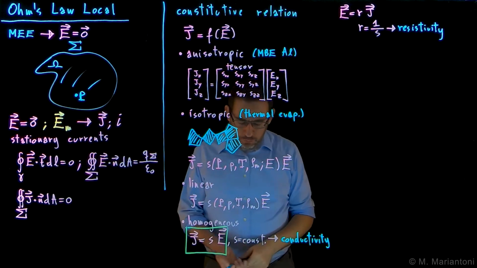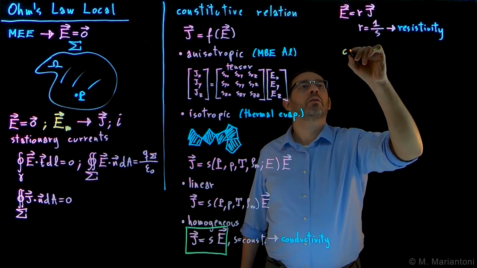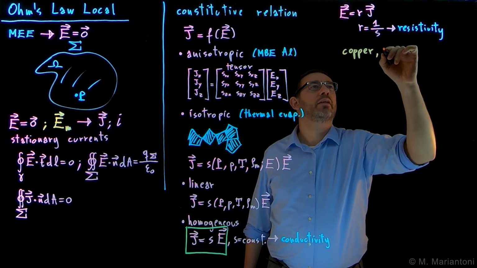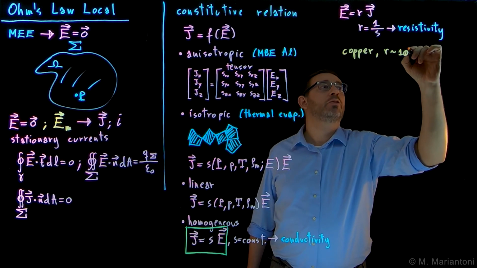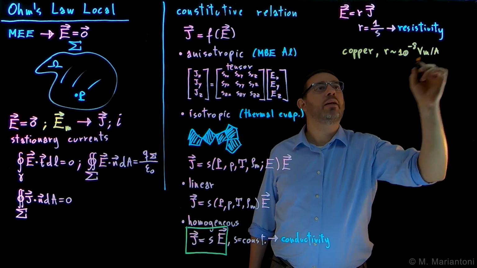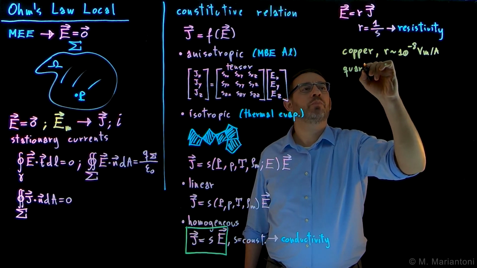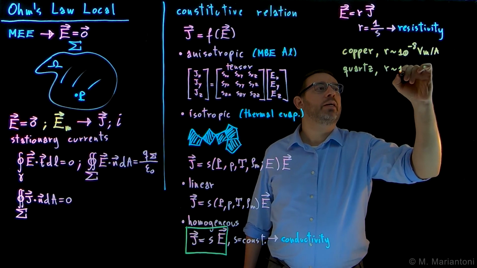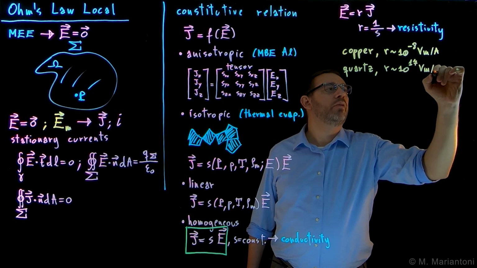So for example, just to give you a sort of idea of numbers, in the case of copper, the resistivity R is approximately something like 10 to the minus 8 volt meter divided by ampere, whereas in the case of quartz, let's say, which is a dielectric material, R is something like 10 to the 17 volt meter divided by ampere.